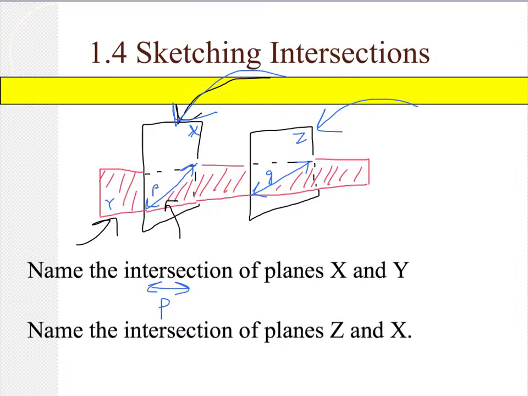They're not intersecting at all. It says name the intersection of the planes. Well, they do not intersect. You can't label the intersection of the planes if they don't intersect at all. Okay, little tricks. Hopefully you got that one and noticed that one. So nice work. Moving on.